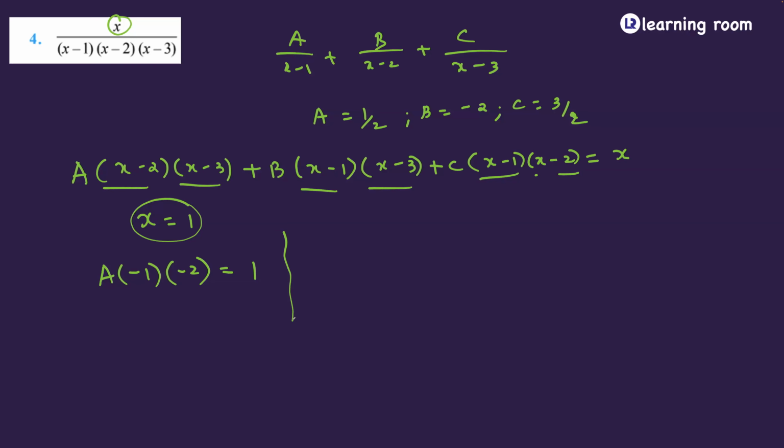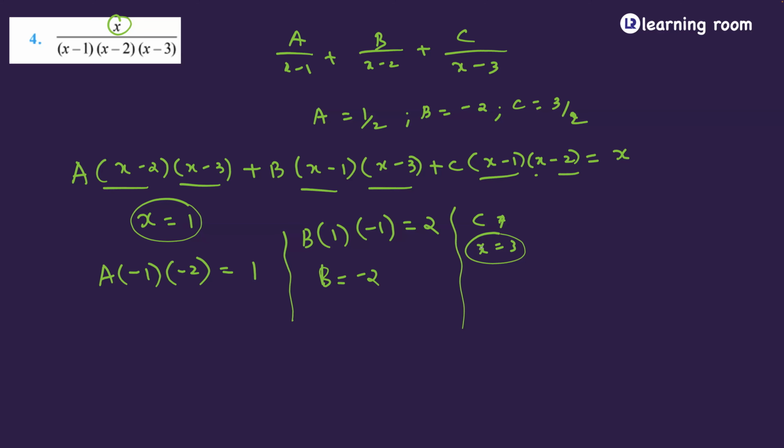So B into 2 minus 1 is 1, 2 minus 3 is minus 1, is equal to, in the place of x also I should substitute 2. So B will be equal to minus 2. For C, what should I substitute? 3 minus 3. So for C, you should substitute x is equal to 3. Basically, x minus 3 equated to 0, x is equal to 3 will come out.